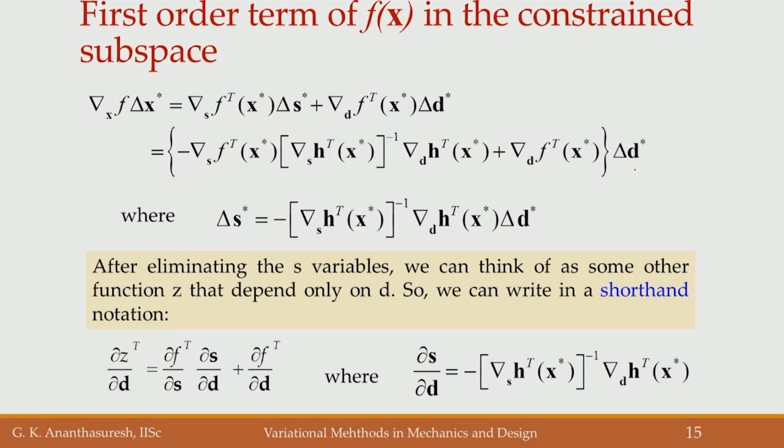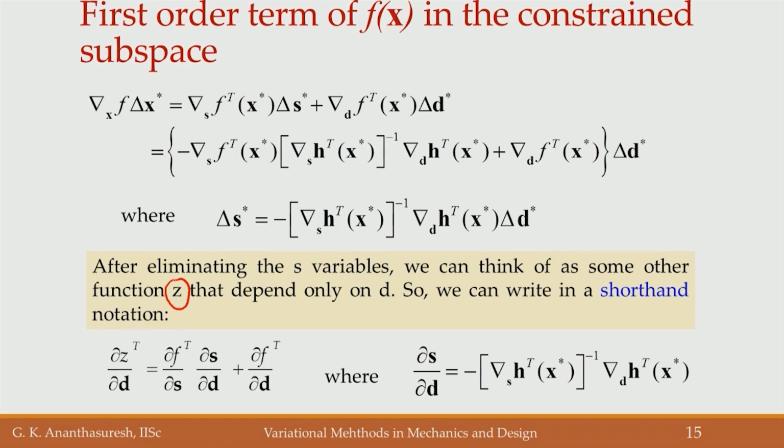For that we had thought of this function z. Think of that as a new function that depends on n minus m variables, because the original function depended on n variables, but then we have m equalities or active inequalities. Now those m variables are taken out, we are left with n minus m variables.